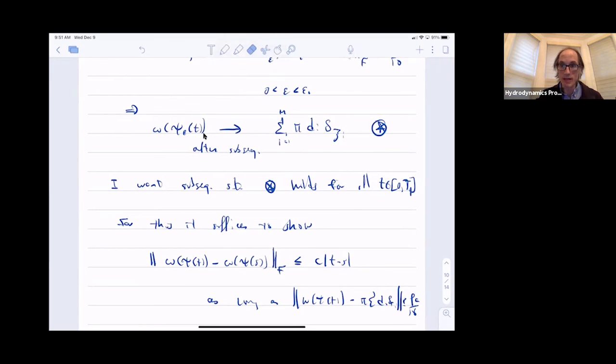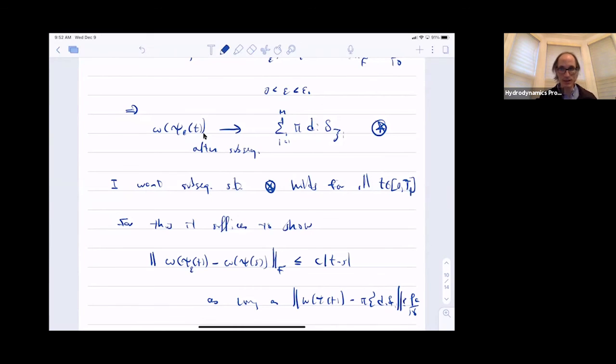but I have a weak topology, and I know that in fact the image of these maps... so for each epsilon I have this function that takes t to the vorticity of psi epsilon at time t.